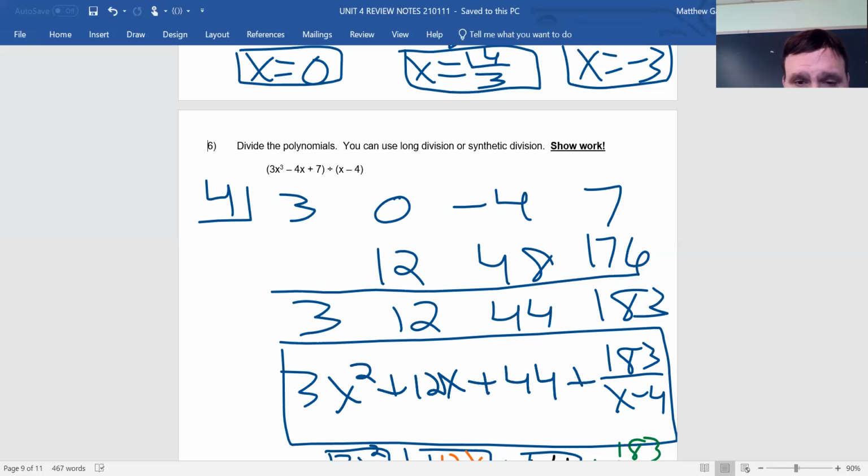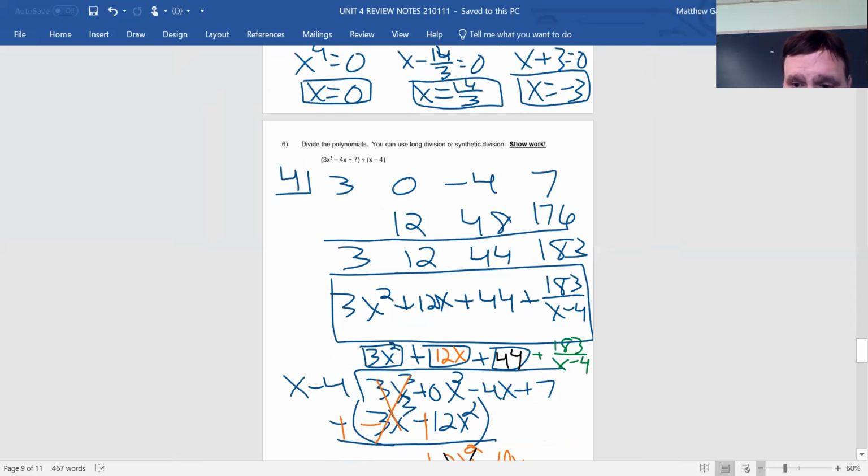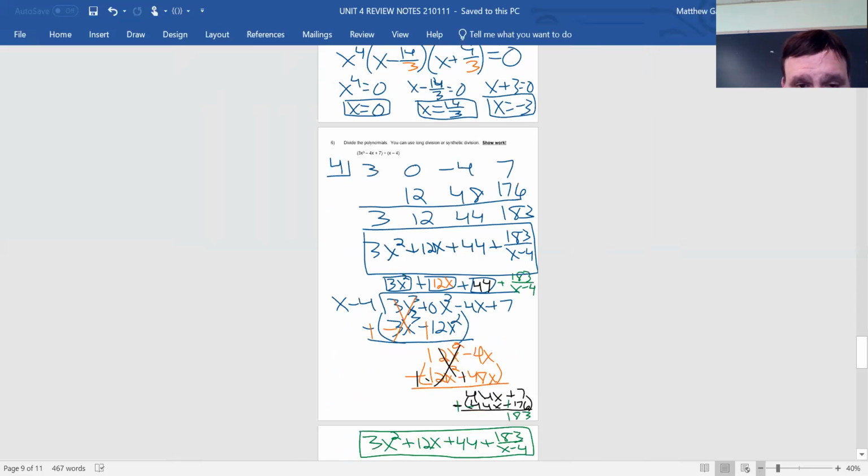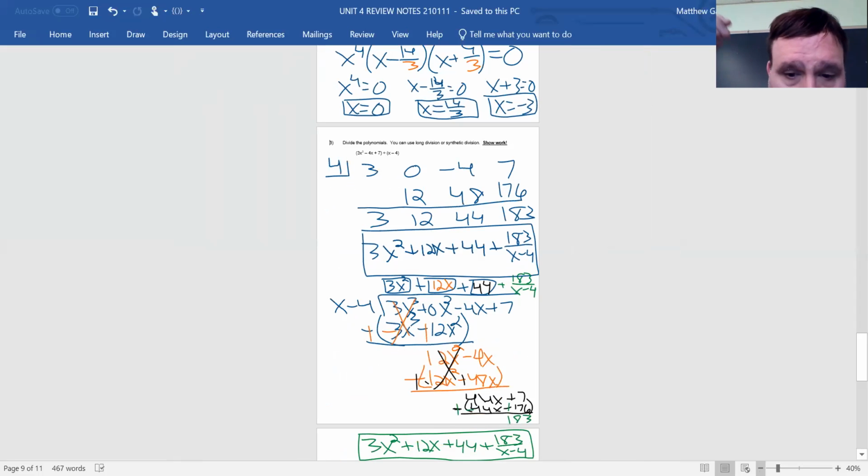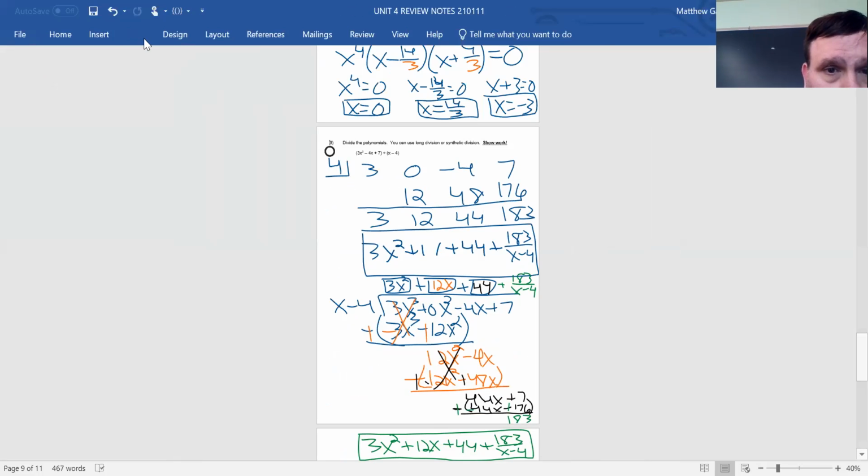Okay, so I'm not going to bore people because we've done this. What I'm going to show here is using both methods, you get a quotient of 3x squared plus 12x. I'm going to change the 12 in here. I am nitpicky.